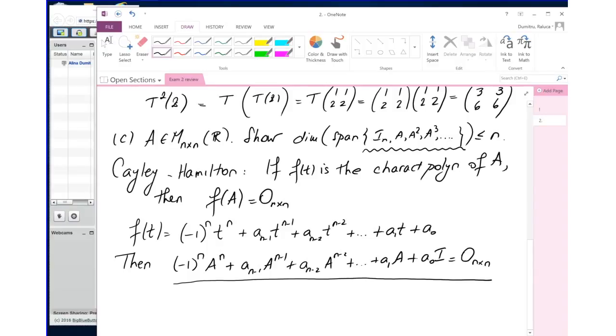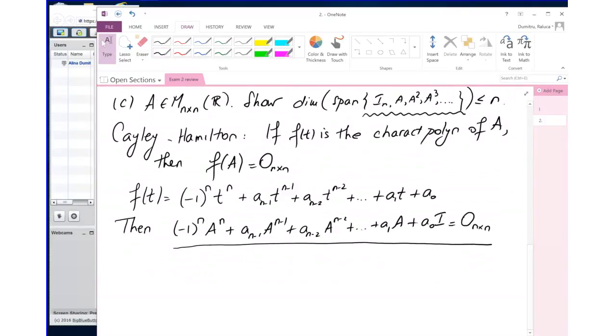I can keep at most n elements in there and eliminate everything else. What can I eliminate? Well, based on this equation here, we can write A to the n as a linear combination of everything else.